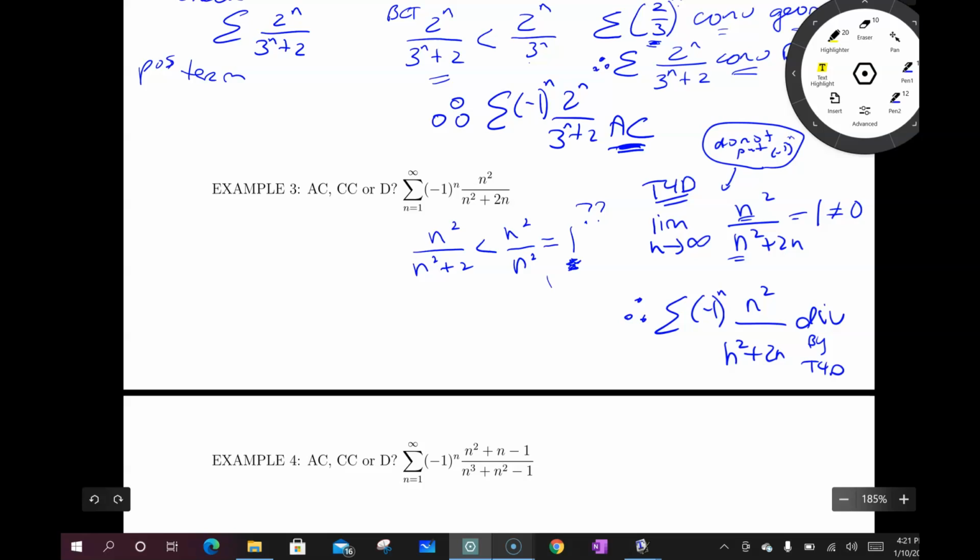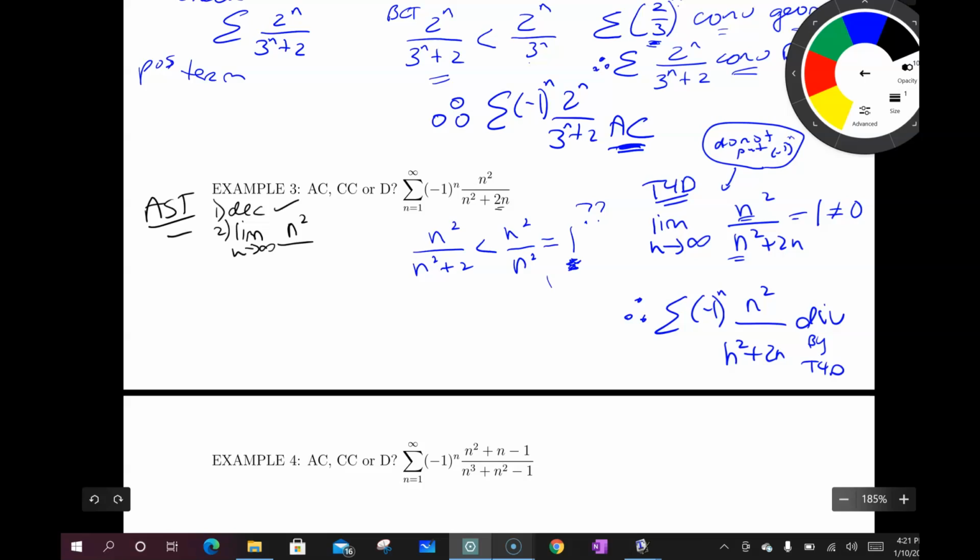If you had done something different, let me do it in a different color here, you could as a habit say, I'm going to start with alternating series test. If I'm looking to see if the terms are decreasing, yep, those look like there's more in the denominator. If I take the limit as n goes to infinity, I would get 1.